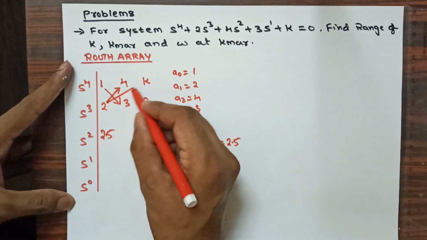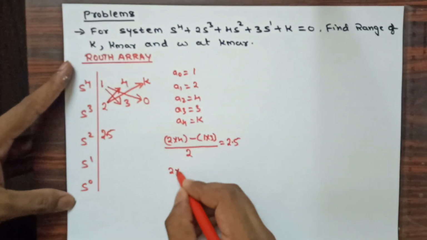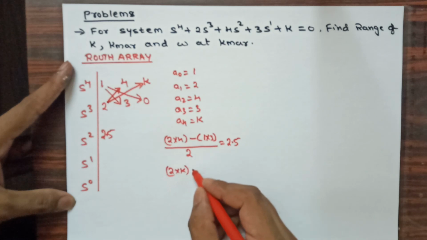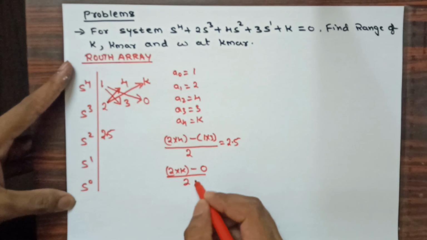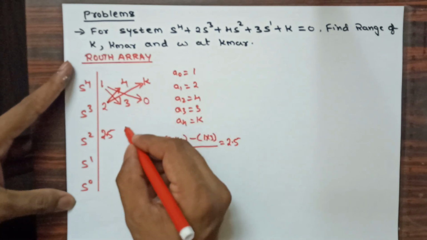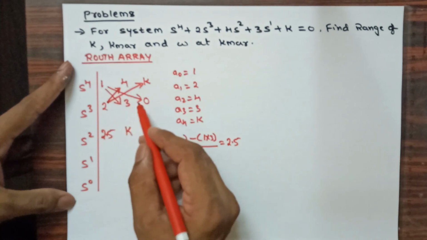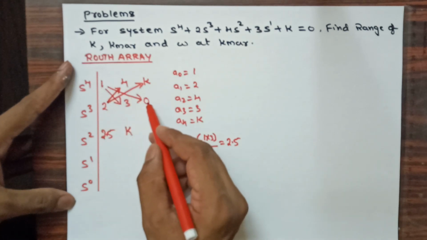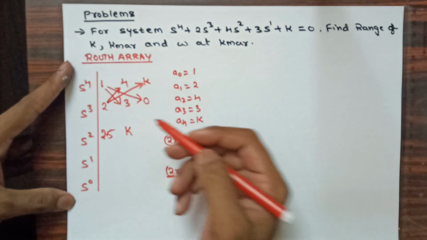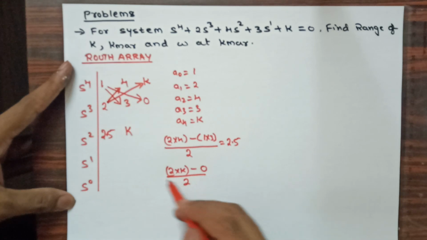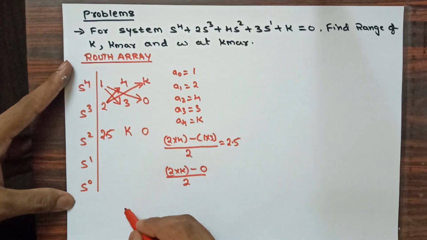Next, 2 into k minus 1 into 0, which is 0, whole divided by 2. The 2 gets cancelled and I get the k value. In the shortcut method, when multiplying diagonally, if I get 0, then the resultant value is the above value, so we can write k directly. I have also shown it by simplifying here. Next, we don't have any coefficient, so I consider this value as 0.